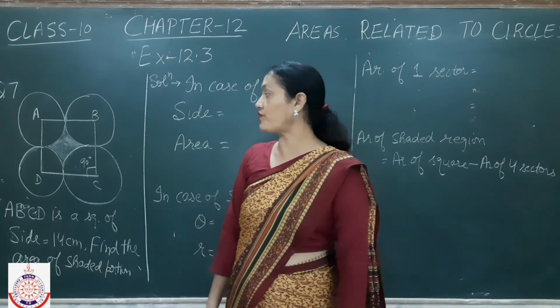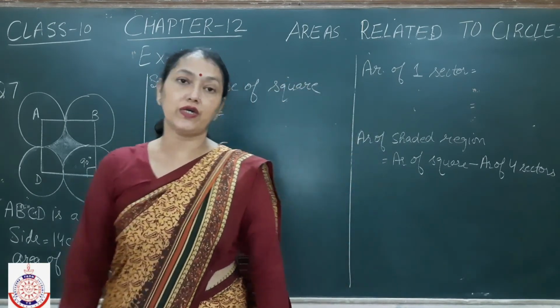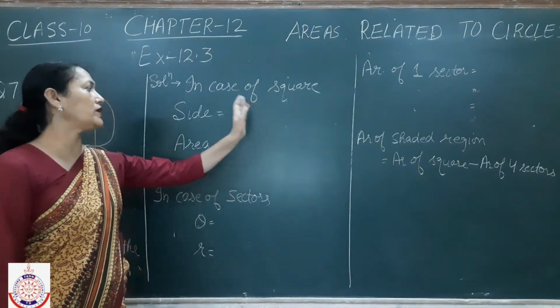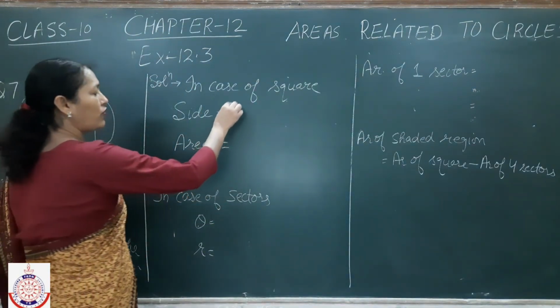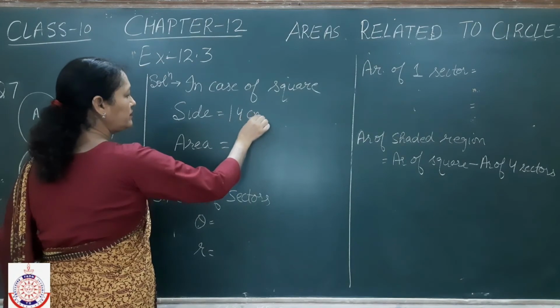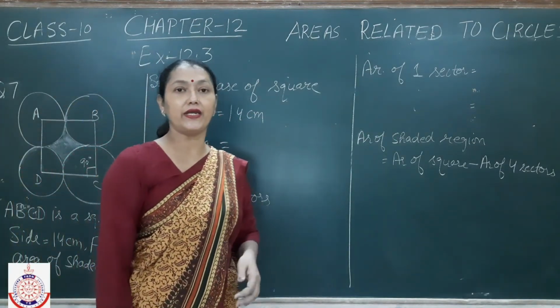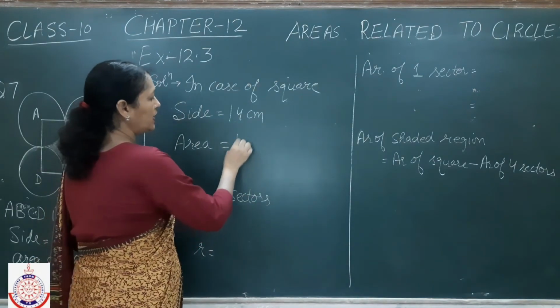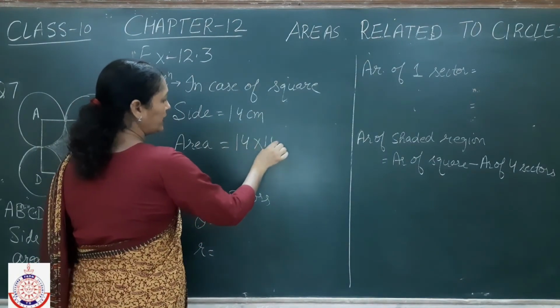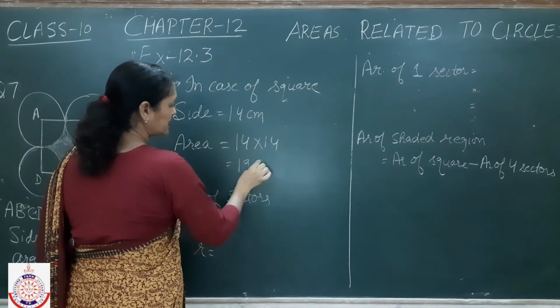For this, first of all, we have to calculate the area of the square. In the case of the square, the side is given to be 14 centimeters. And the area of a square, we know, is side into side. So the area will be 14 into 14, 196 centimeters square.